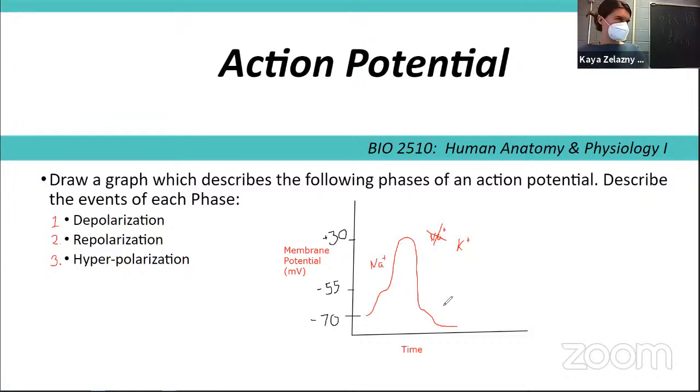We're slowly cutting off that potassium permeability. And then our ATP pump would kick back in and we'd restabilize at -70. So this very stereotypical curve, that is an action potential. That whole thing will always look roughly like that, right? Some big spike and then a dip. We're always looking for that when we're looking for an action potential.